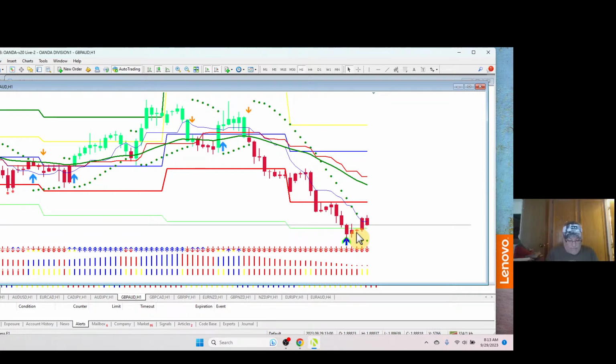And I'm looking at pound Aussie. There it is. Loss 88.63. And let's see, the take profit would be 95.